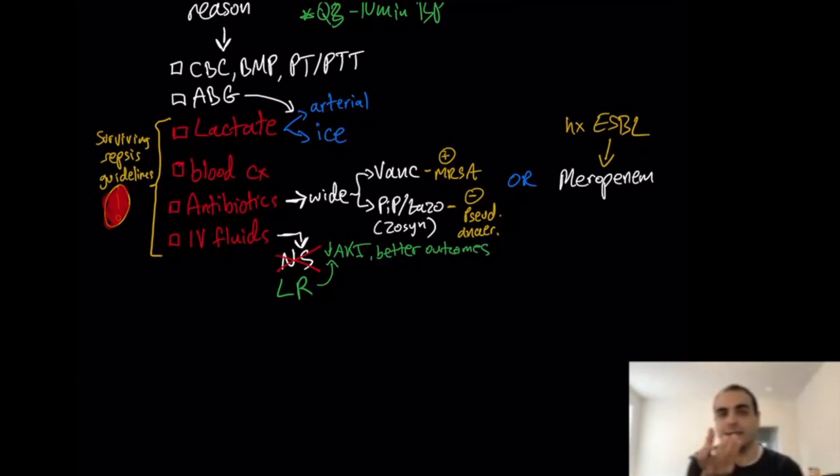Because NS itself is actually not normal. It's abnormal. NS has 154 milliequivalents of sodium, 154 milliequivalents of chloride. It is acidic. It has a pH of around 6.9, and it induces a non-anion gap metabolic acidosis.